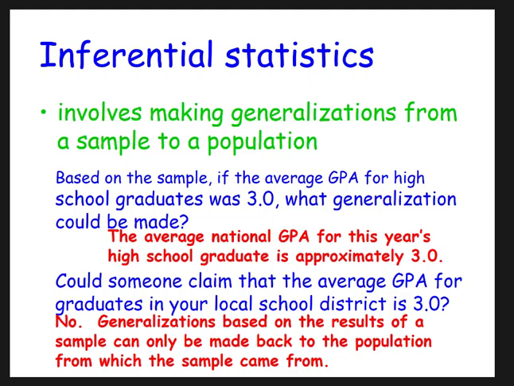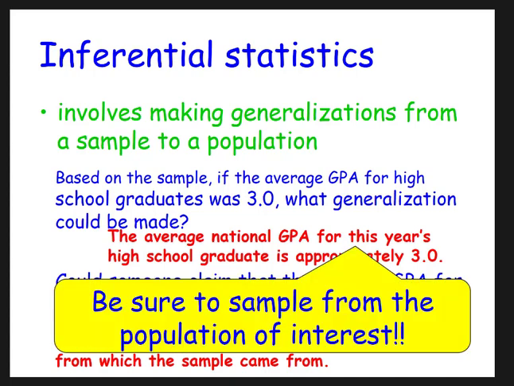And in this case, one local school district would not be a good sample. We can only take generalizations from the population back to samples that were similarly chosen to the sample that we started with. Taking a whole school district is not similar to the random sample we started with. So be sure to sample from the whole population of interest. A single school district is not a good sample from the whole population of interest.